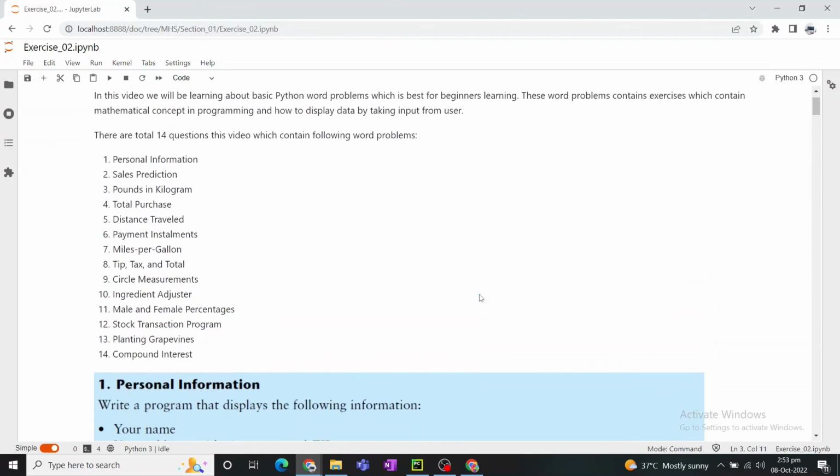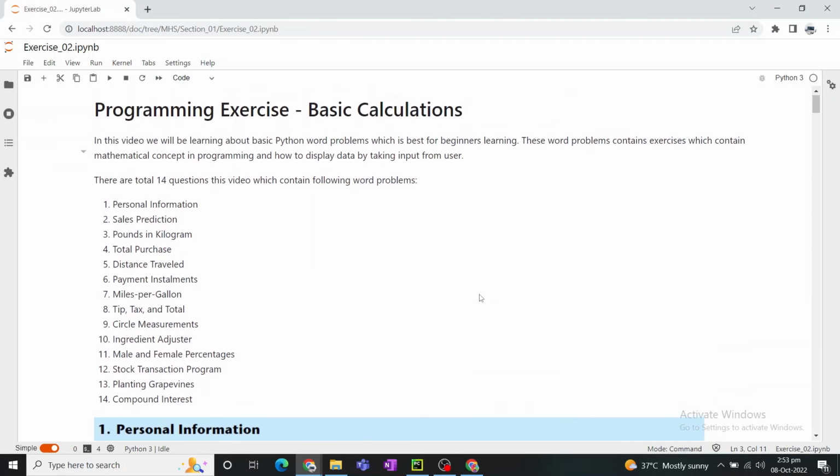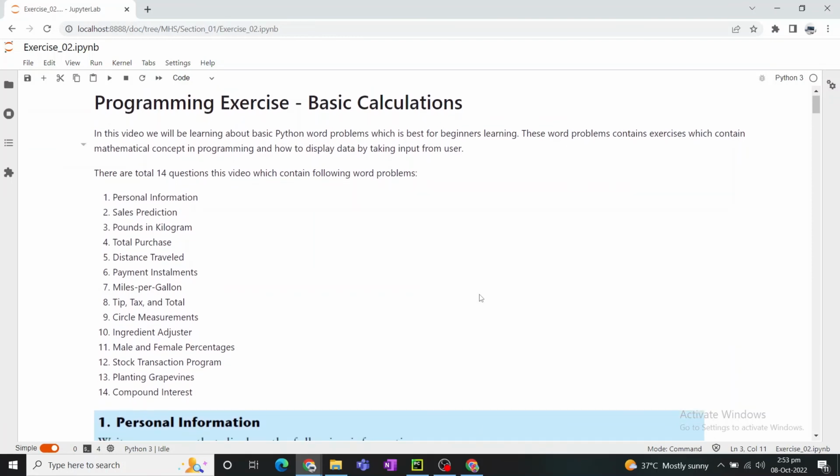So this was a very nice exercise for beginners who can start from scratch. And I hope you guys have gained a lot of knowledge today in this programming exercise.